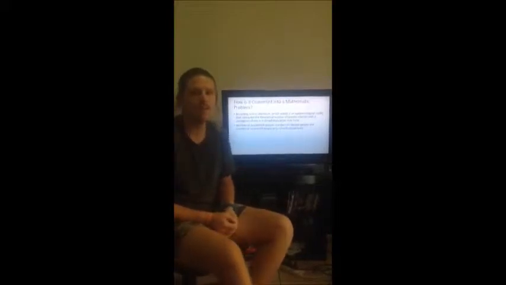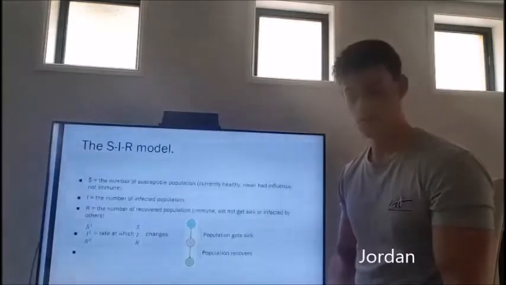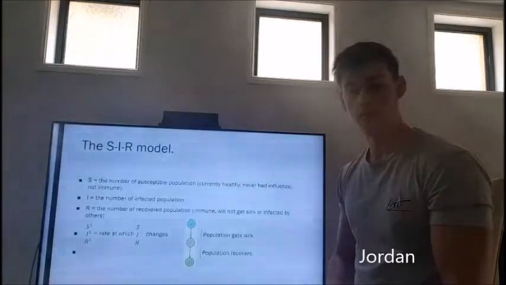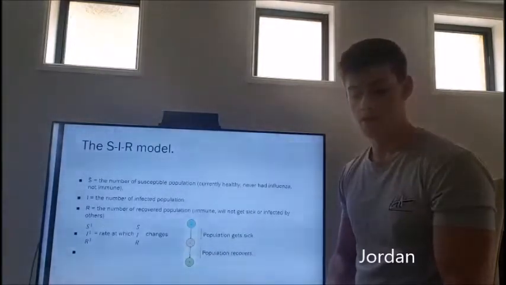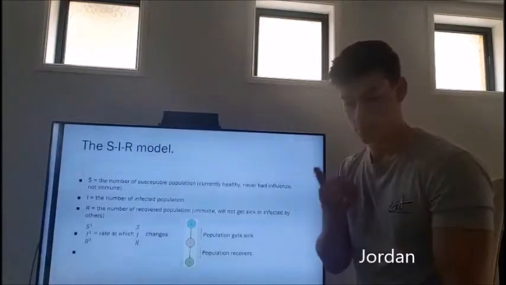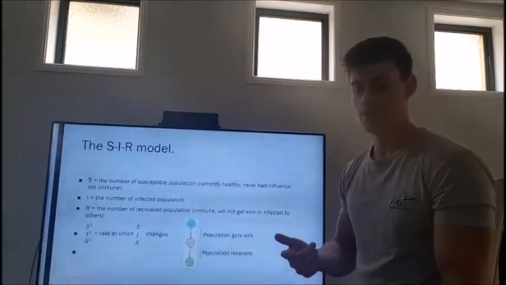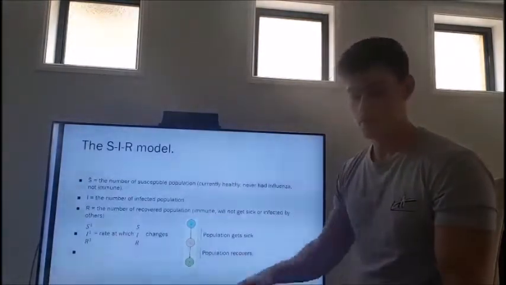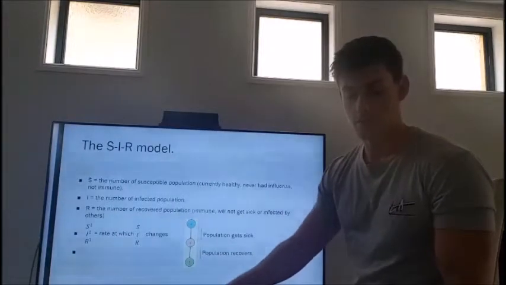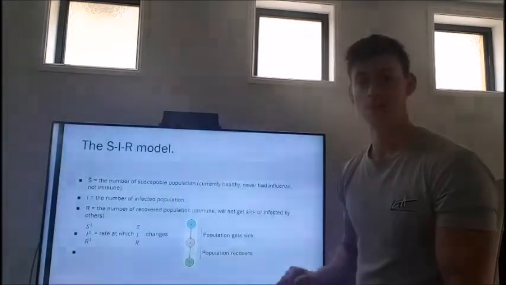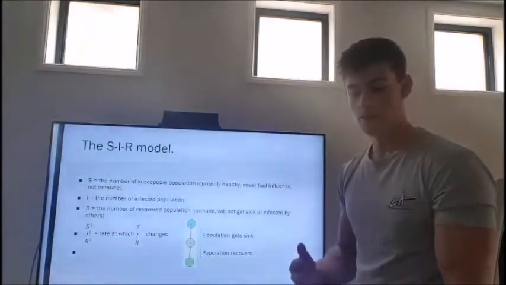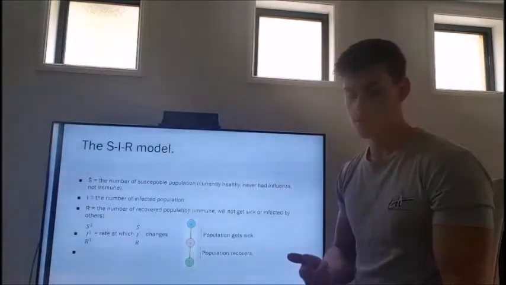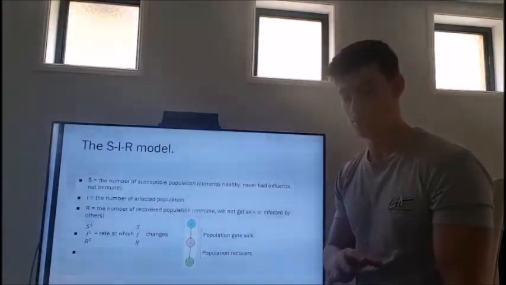This is how we get the name the SIR model. Within this SIR model, S equals the number of susceptible population who are currently healthy, never had influenza before, and are not immune to it. Whereas I equals the number of infected population, and R is the number of recovered population, so people who are immune and will not get sick or infect other people.